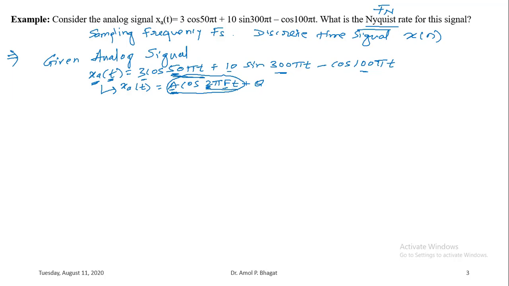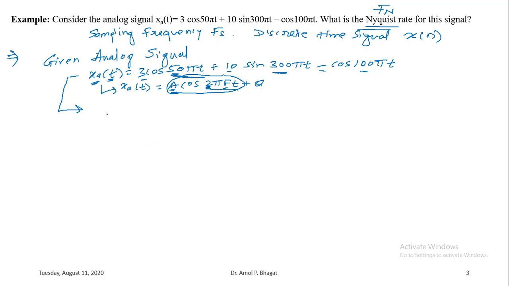In place of 2f, 300 is there, and in place of A in the third term minus 1 is there, right? Minus 1, and in place of 2f, 100 is there. So this given analog signal contains three frequency components.